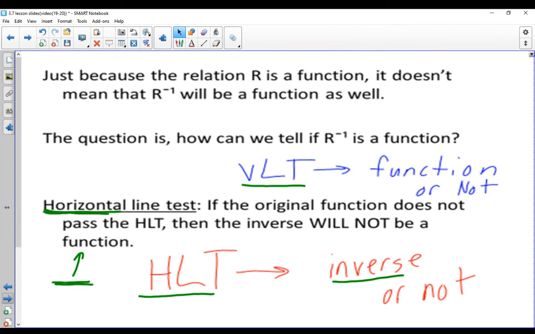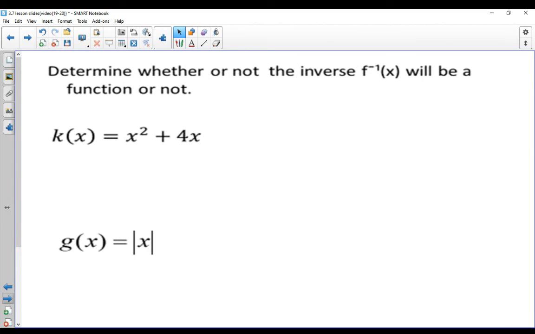And most of the times, when you use the horizontal line test, you will have an inverse. There are a couple cases where you will not have an inverse, and I will show you those examples on the last slide. So, let's say you have the function x squared plus 4x.